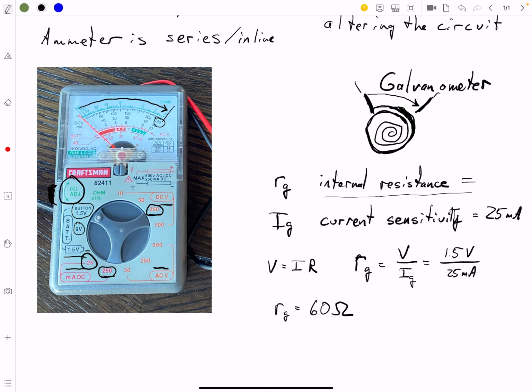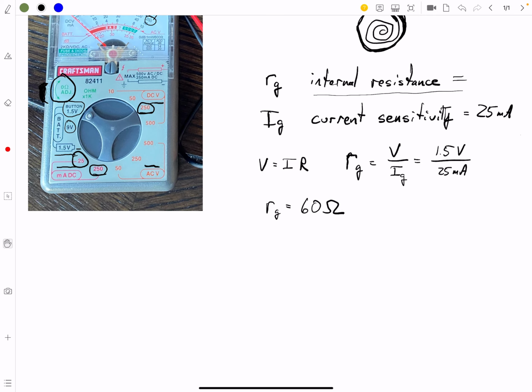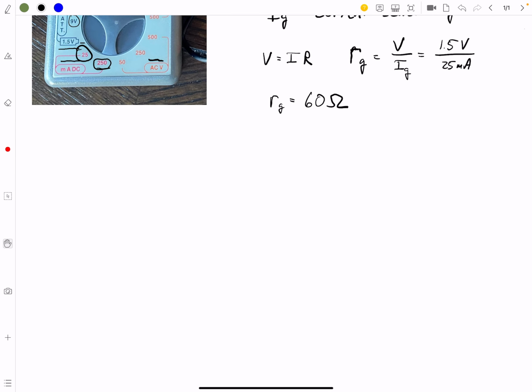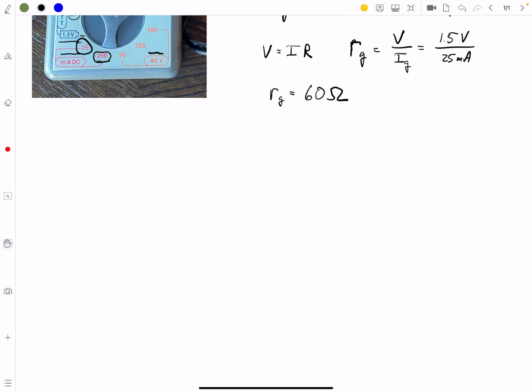Let's do a measurement first of a drop in voltage across a circuit, and here's what it's going to look like. There's this circuit out there that we don't know a lot about.